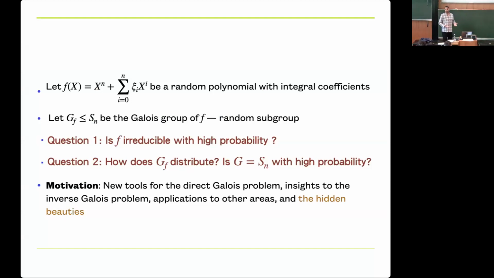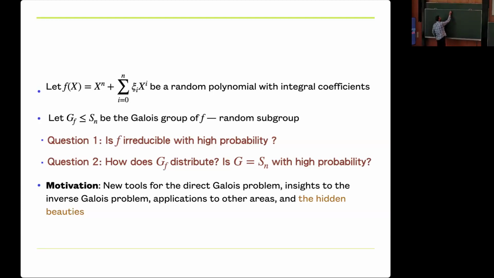So f of x is a random polynomial, and I will always assume that the coefficients take integral values almost surely, so it's a random polynomial over the integers, and I have its Galois group G_f, which is the Galois group of the splitting field, and at least if the polynomial is separable, it's a well-defined subgroup of the symmetric group, and this is a random subgroup of the symmetric group. And I will be interested in two main questions that I will write, so you will remember them.